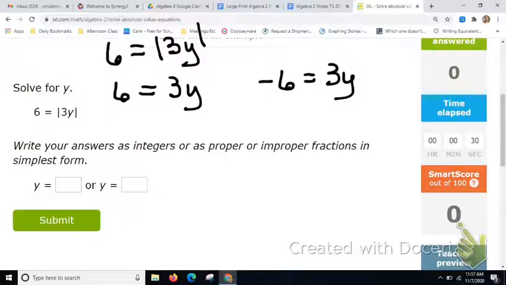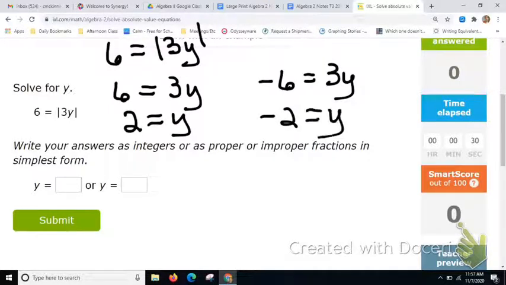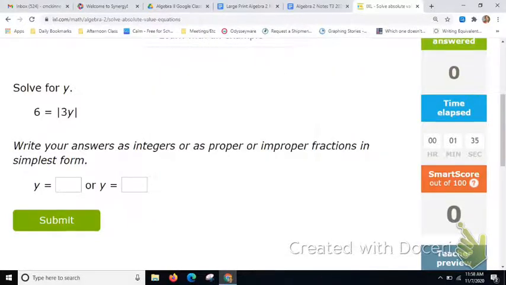So now I'm going to divide both sides by 3. I get 2 is equal to y. Divide by 3, I get negative 2 is equal to y. And that's what I'm going to type in, 2 and negative 2. It does not matter which one you put in the left box or the right box. So 2, negative 2.